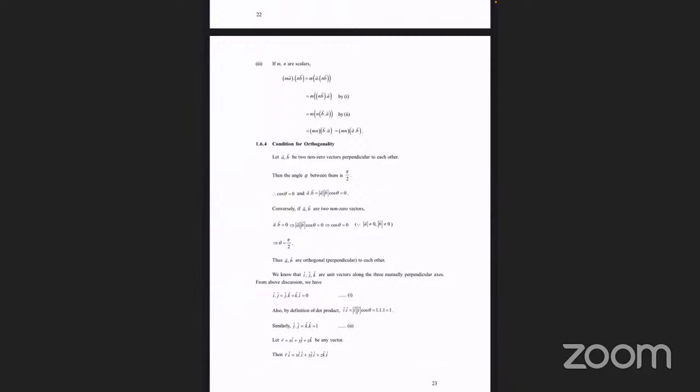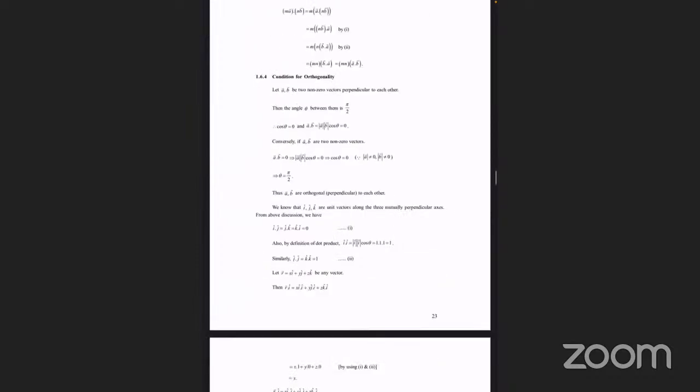Even though there is a proof for this condition for orthogonality, if you know the definition, it's enough for you. The main important point is that in dot product, i dot i value will be 1, j dot j value will be 1 and k dot k value will be 1. But if you take the others, that is i dot j or j dot k or k dot i, those values will be 0.